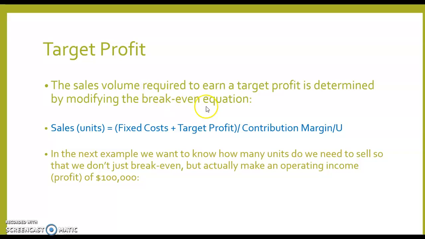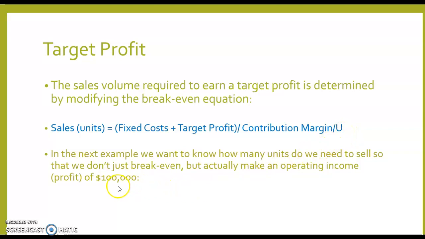So we're going to use the same formula, only we're going to add target profit to the numerator. We're going to take the total fixed cost, add that target profit to it in the numerator. We're still going to divide by the contribution margin per unit.